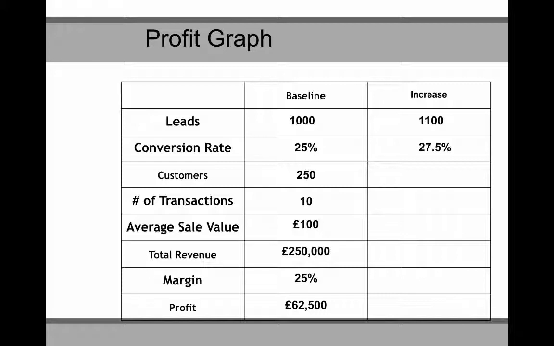So now we're converting 27.5% of our 1,100 leads, which totals 302 clients. Now let's increase our number of transactions. Let's implement a series of strategies that will compel our clients to buy from us more often.